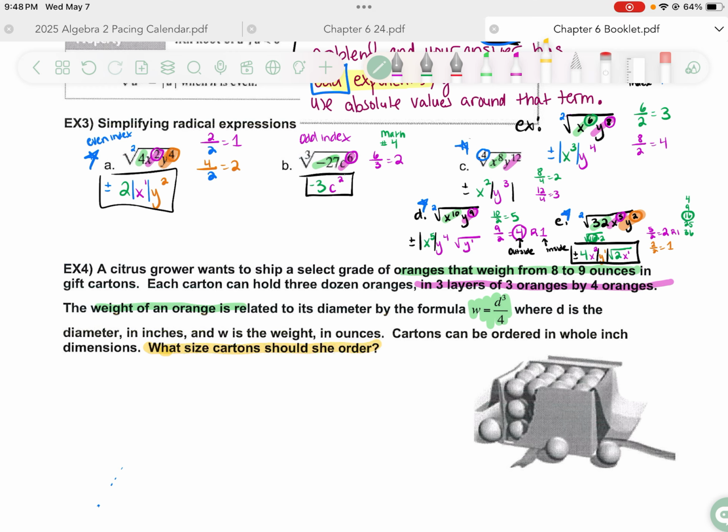All right, so we're talking about shipping a carton of oranges. We know that an orange weighs from 8 to 9 ounces, and each carton can hold 3 dozen oranges. So it says in 3 layers of 3 oranges by 4 oranges.